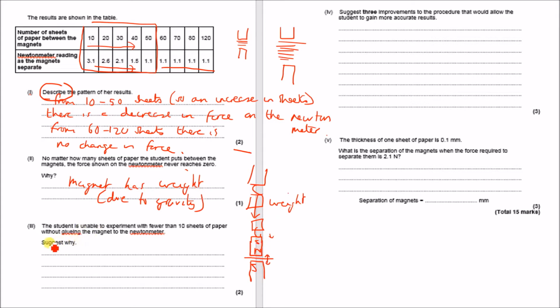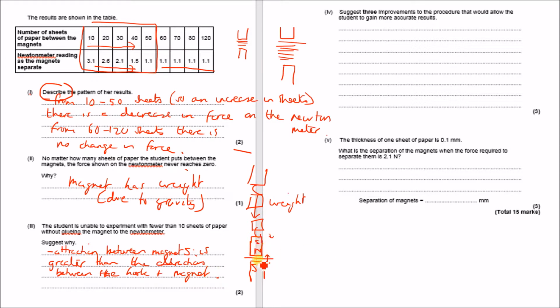So that's the reason. So the attraction between the magnets is greater than the attraction between the hook and magnet. So that's going to get you 1 mark.